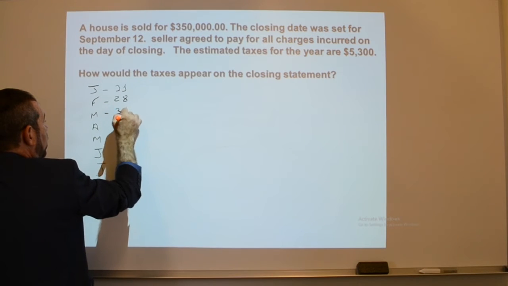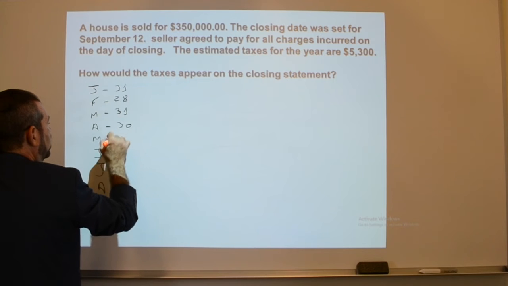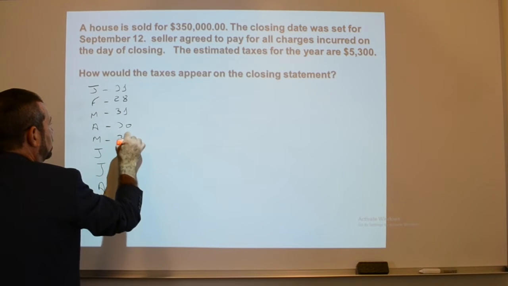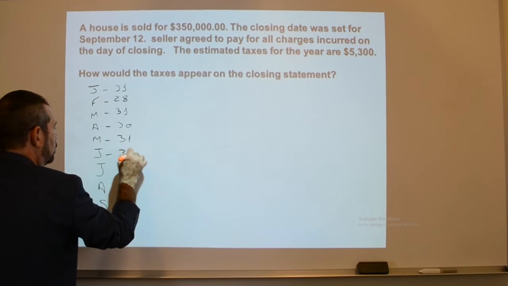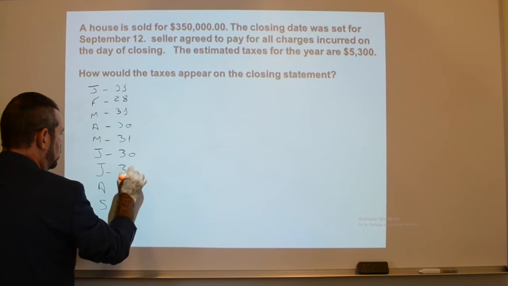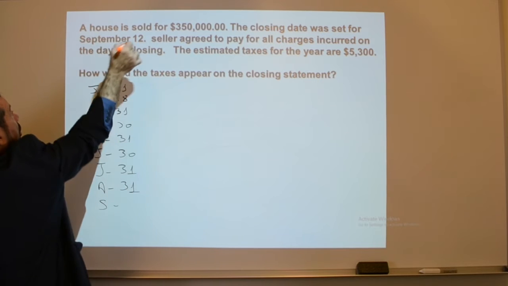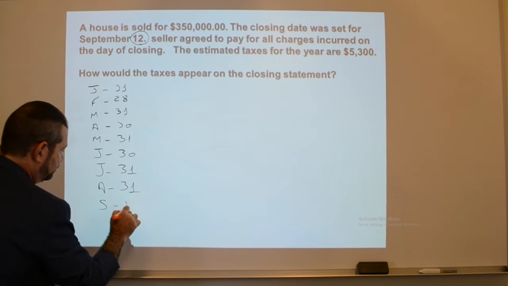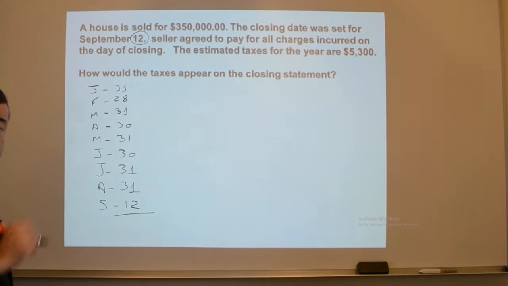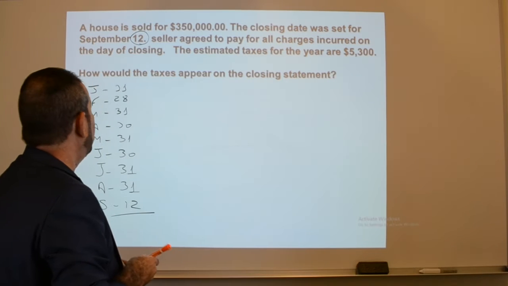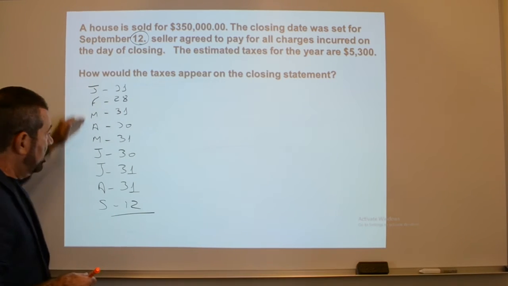March, 31. April, 30. May, 31. June, 30. July, 31. August, 31. And September, 12 days.